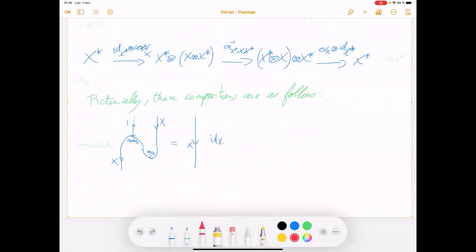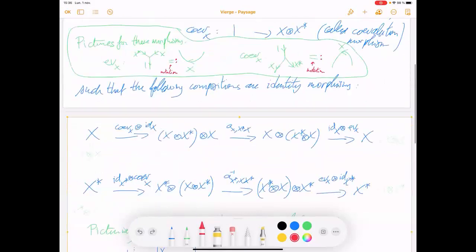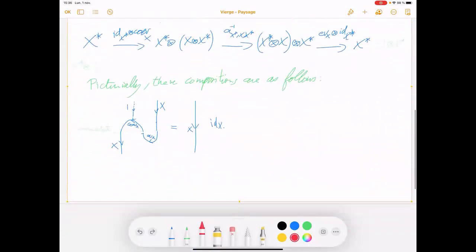So topologically, this is saying that you have something like that, and you can deform it into something like that. Okay. Let's make it better.